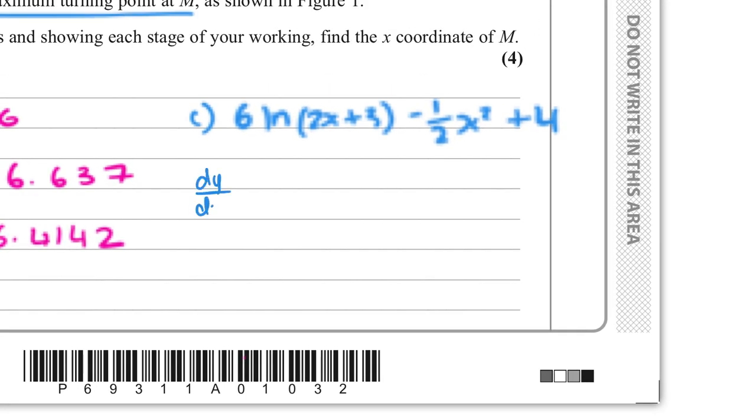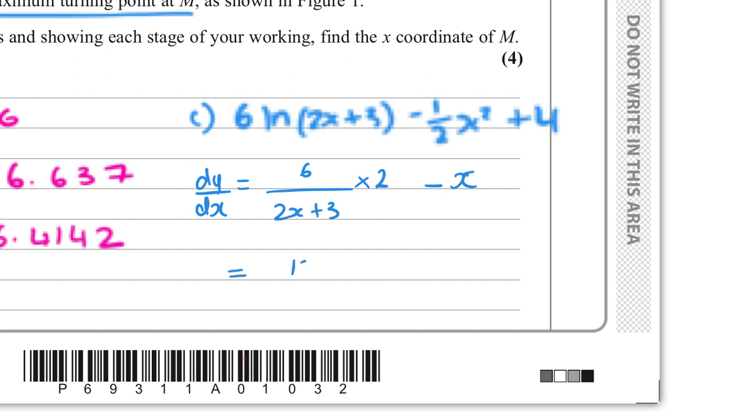So if I differentiate this, I'm going to get 6 over 2x plus 3 multiplied by the differential of the bracket. If I differentiate 2x plus 3, I get 2. And then bring the power down, which is minus 1 to the power of 1. Perfect. Okay, there we go.